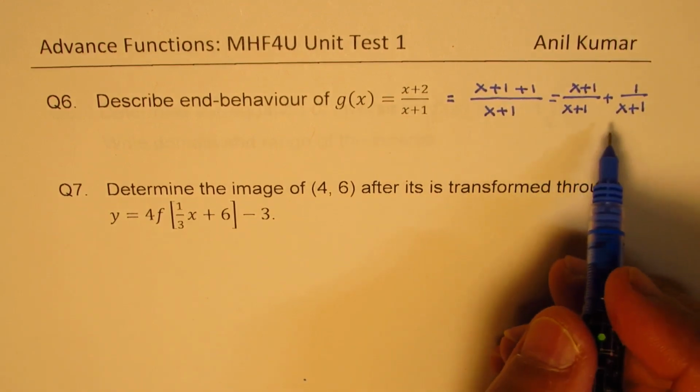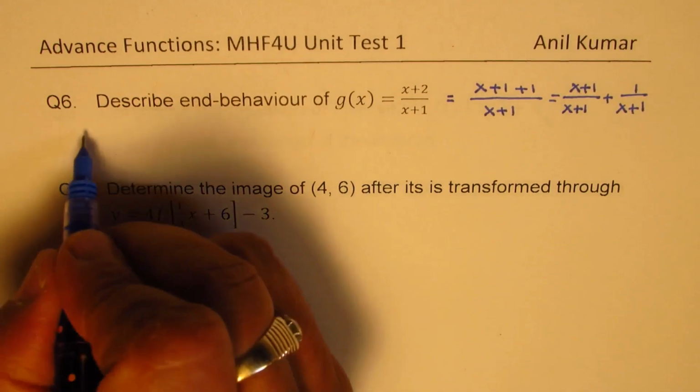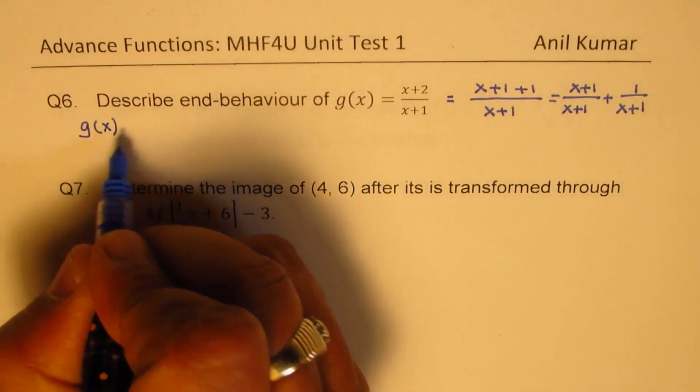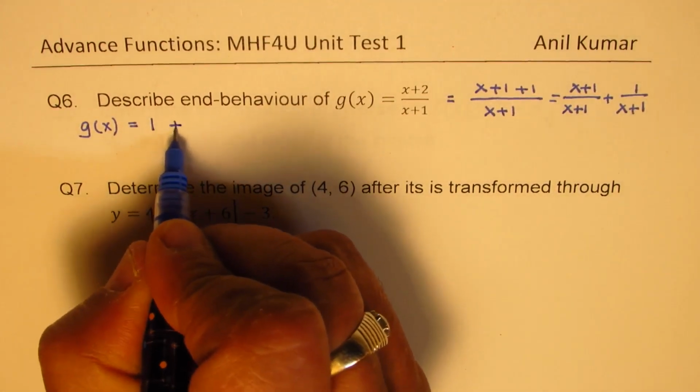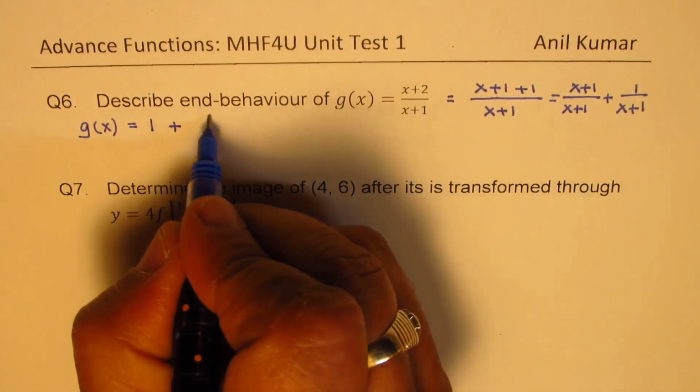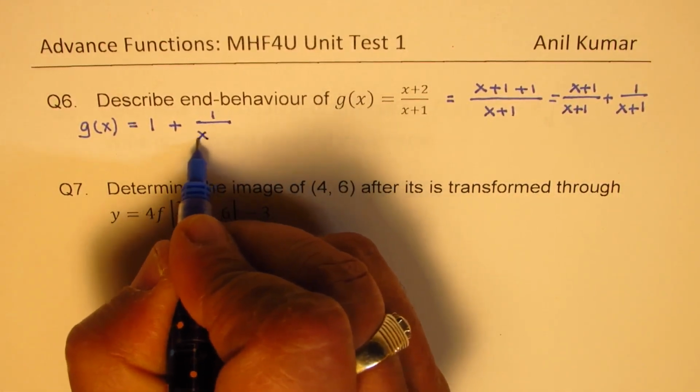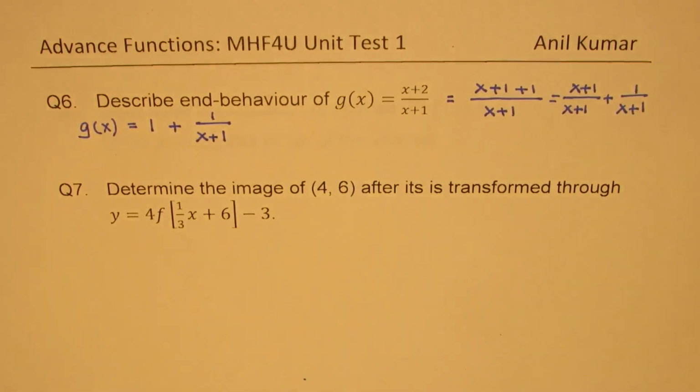So now here we can write g of x as equal to 1 plus 1 over (x plus 1), clear?